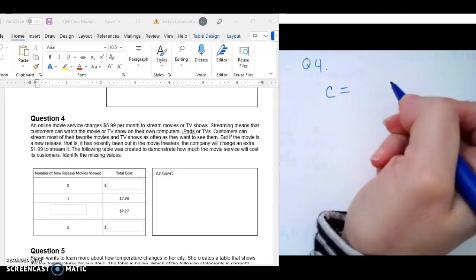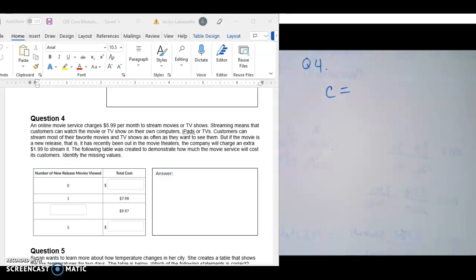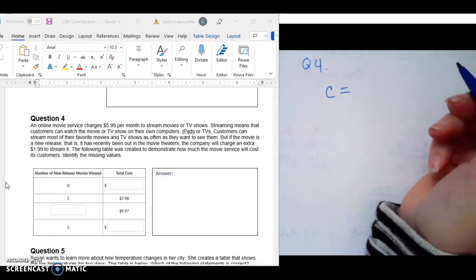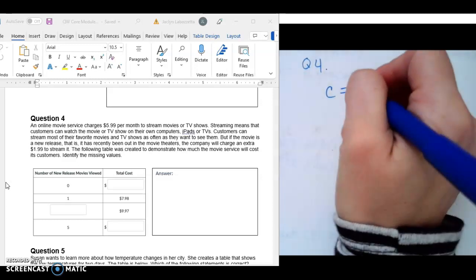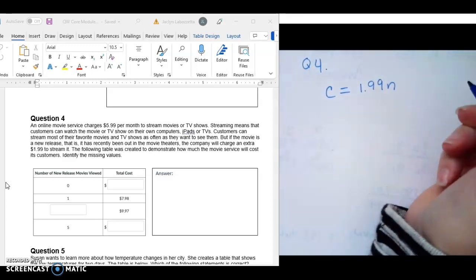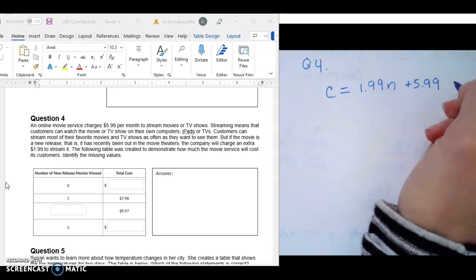Let's let C be the cost of what you'll be paying for that month, so that would be the second column here. And let's let N be the number of new releases. So you are paying $5.99 per month and then $1.99 for each new release. So the $1.99 gets multiplied by the number of new releases, and then you're adding the monthly fee to that.